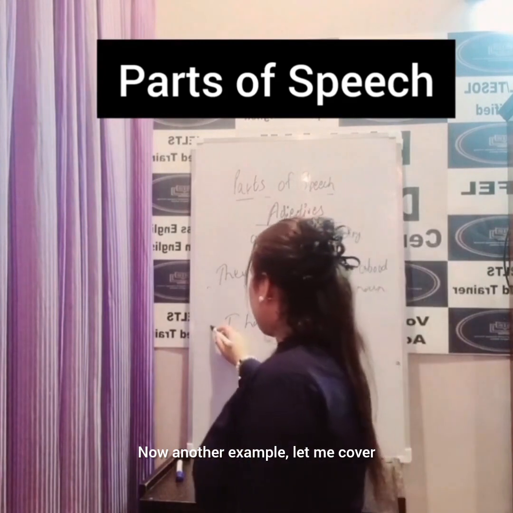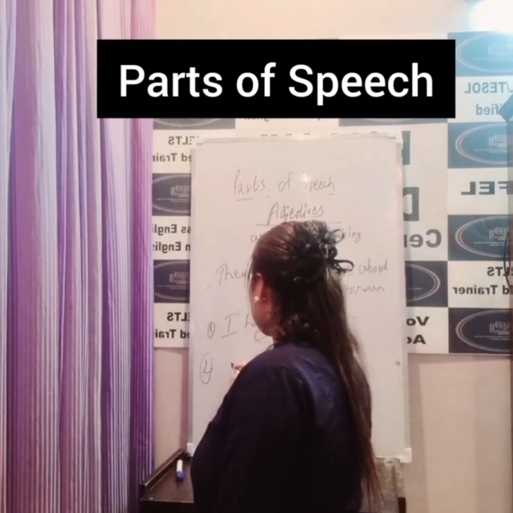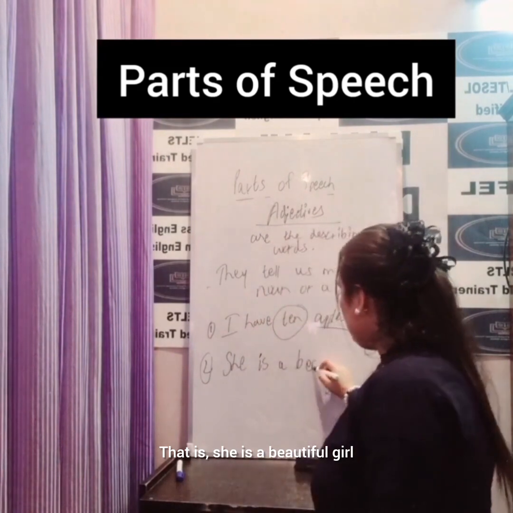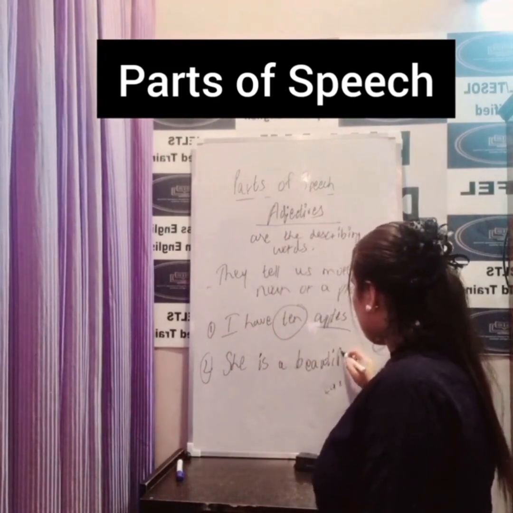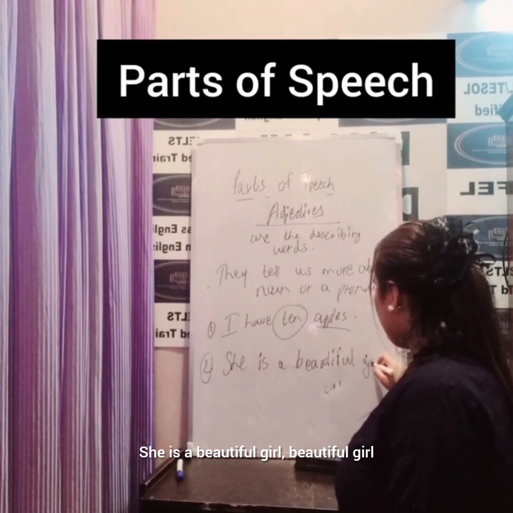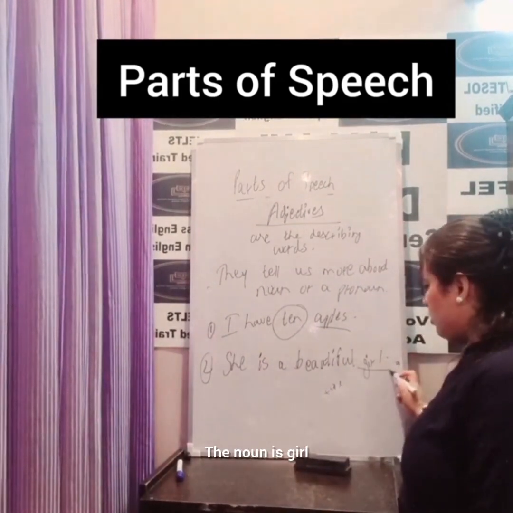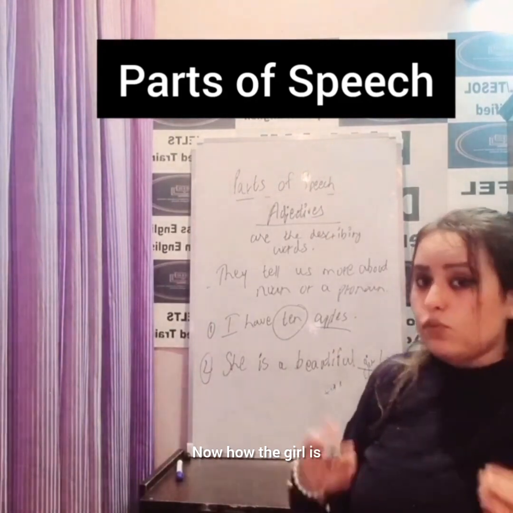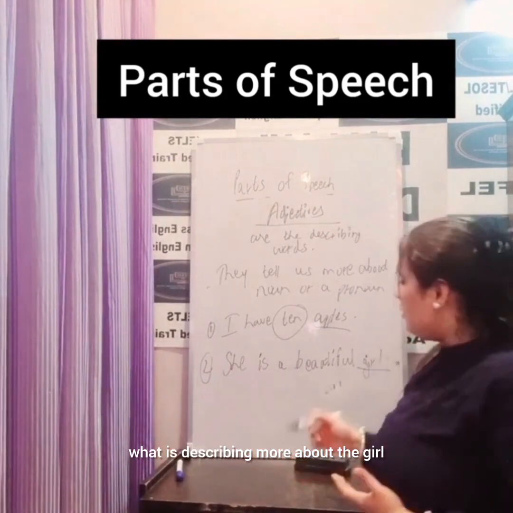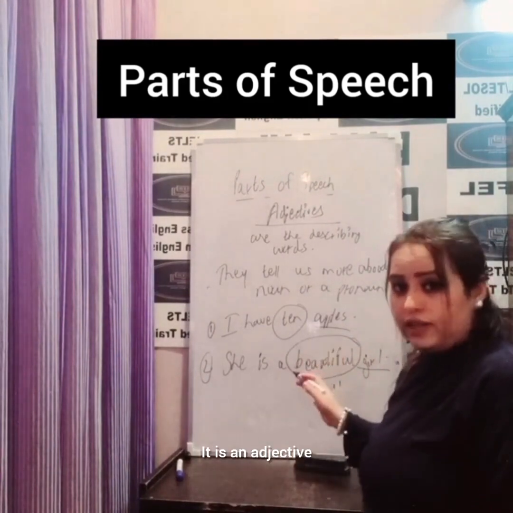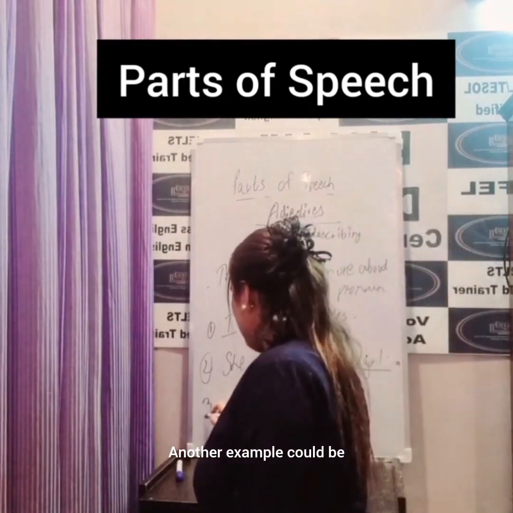Now another example: she is a beautiful girl. In this sentence, what is the noun? The noun is girl. What is describing more about the girl? It is beautiful. So beautiful is an adjective.